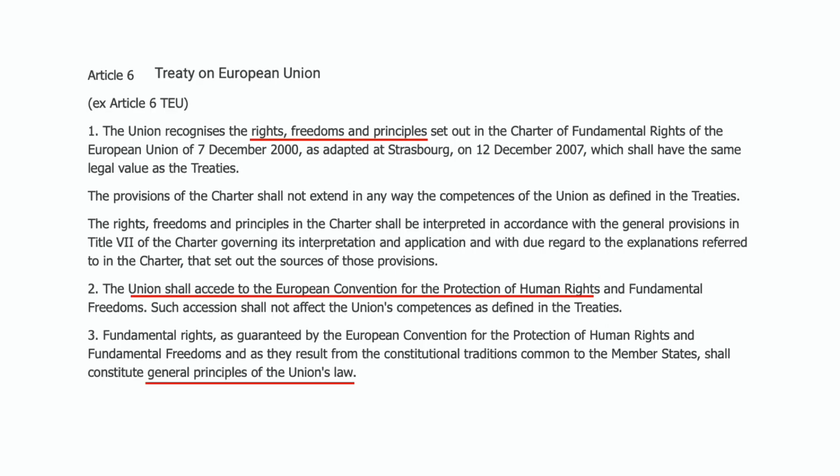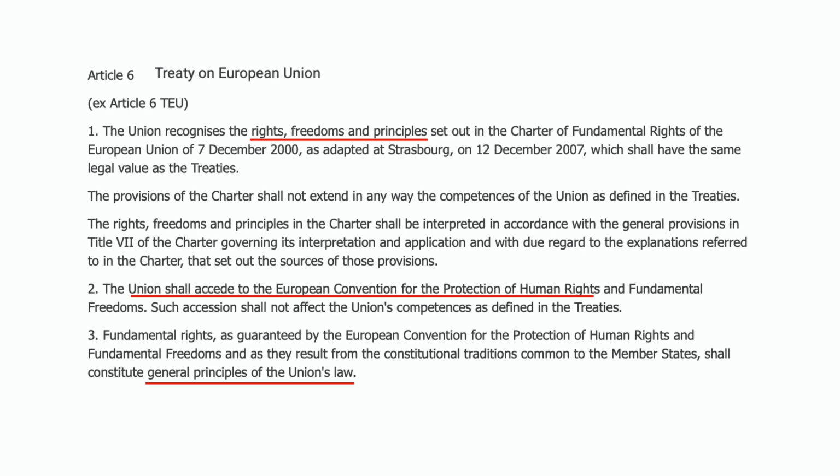The Union recognizes the rights, freedoms and principles set out in the Charter of Fundamental Rights of the European Union. The rights, freedoms and principles in the Charter shall be interpreted in accordance with the general provisions in Title 7 of the Charter, governing its interpretation and application.